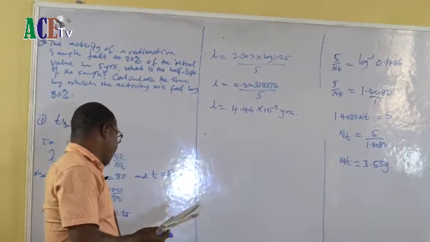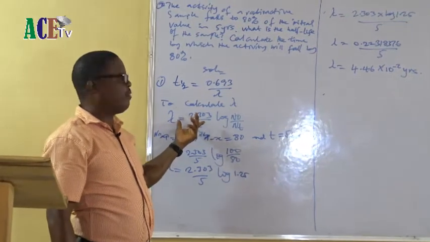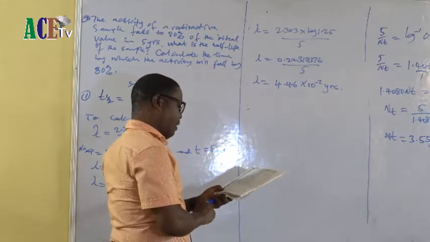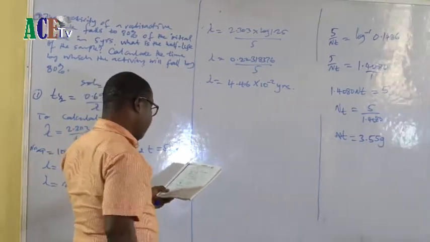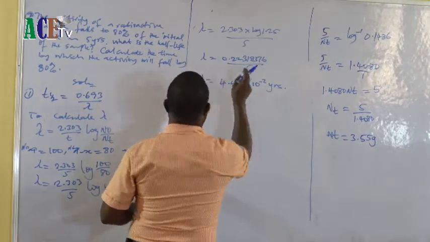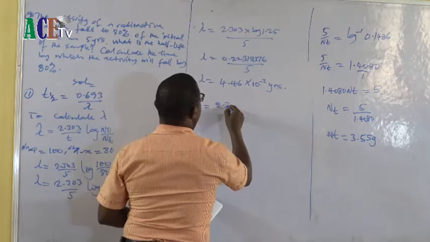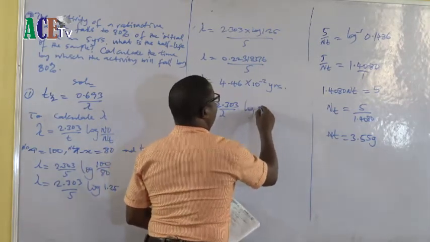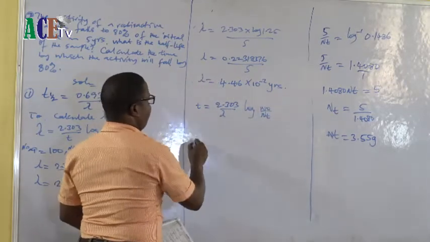So lambda can now be substituted into this formula. We've obtained our lambda, we can substitute it into that formula now, and it's T we are looking for. The next question, T is equal to 2.303 over lambda logarithm of N naught all over NT.